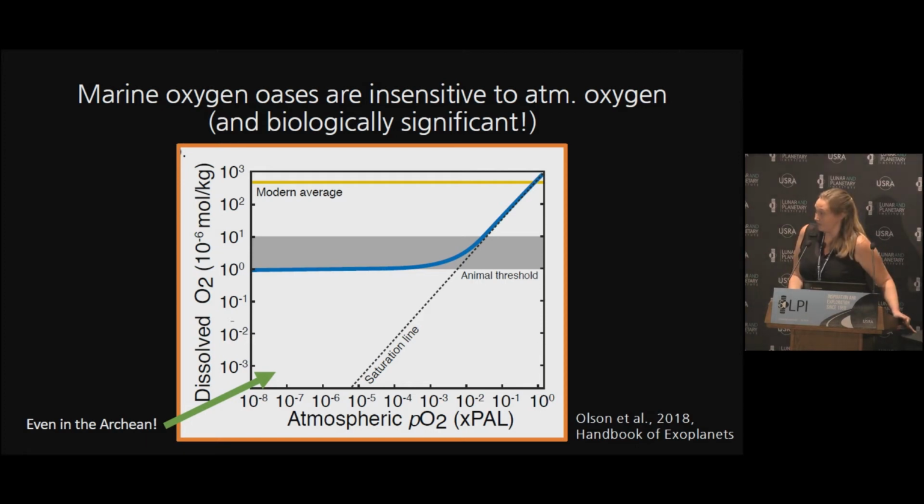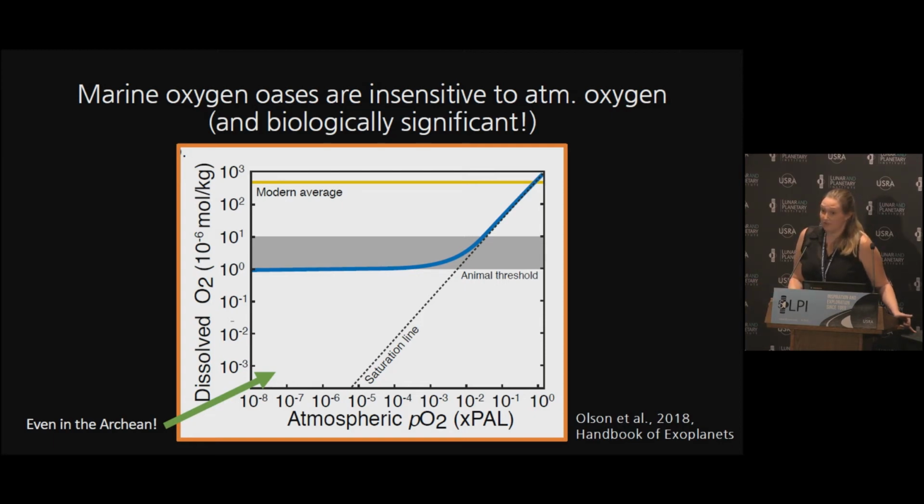And so, be it the Archean or the Proterozoic, we actually think that the surface ocean had on average about one micromole per kilogram oxygen independent of atmospheric levels.